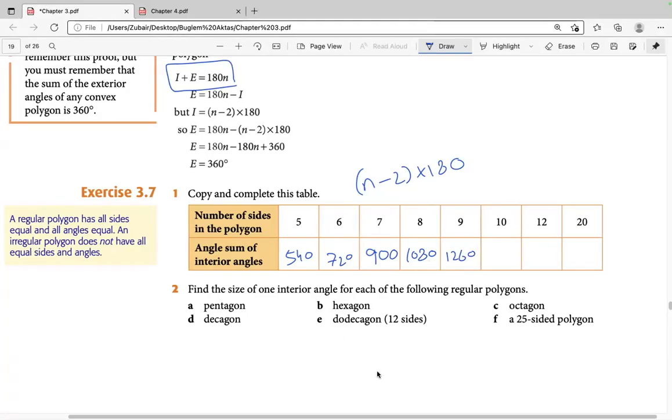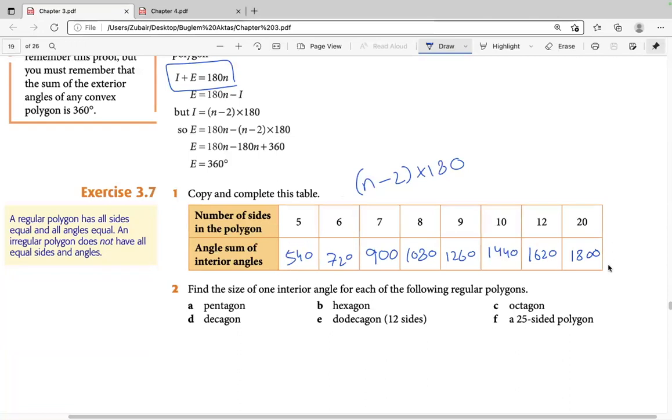Correct. 1,440. 1,620 and 1,800. Okay, find the size of one interior angle for each of the following regular polygons.